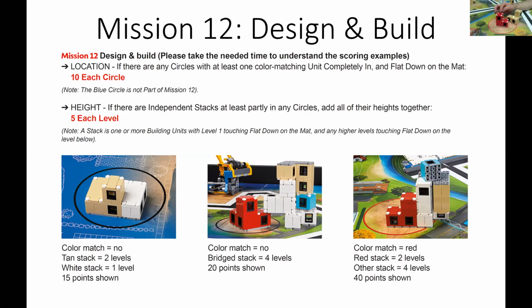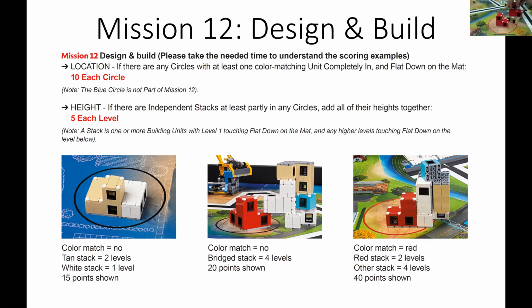So this counts for 10 points for the red one for being in the red circle. It counts 10 points for being 2 levels high, and this counts for 10 points for being 2 levels high, and they're independent.